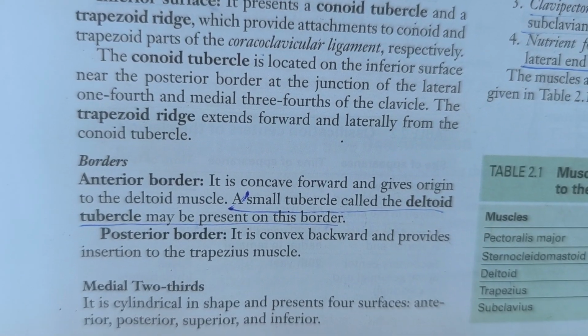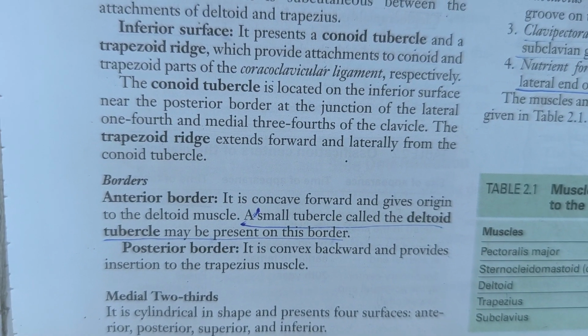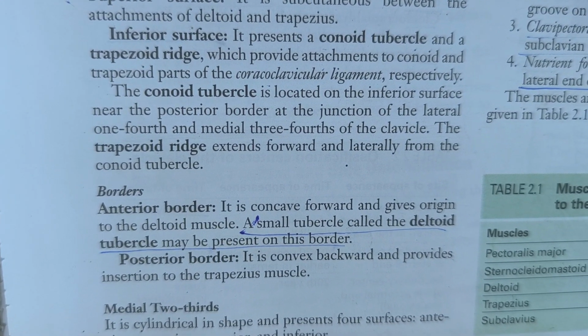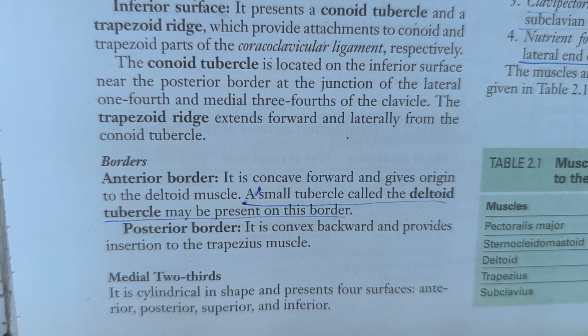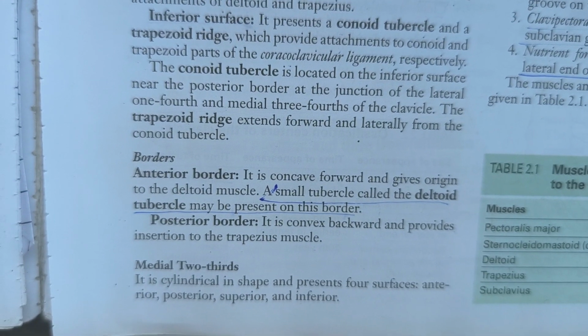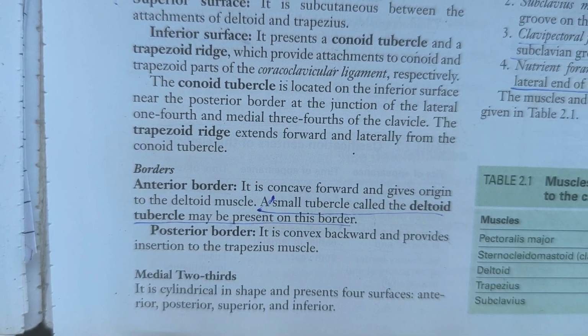Now, conoid tubercle is located on the inferior surface near the posterior border at the junction of lateral 1/4 and medial 3/4 of the clavicle. The trapezoid ridge extends forward and laterally from the conoid tubercle.